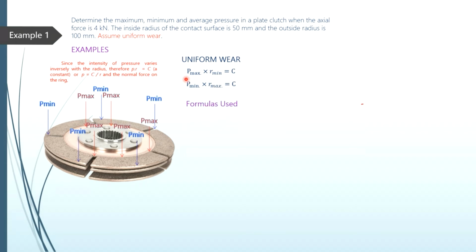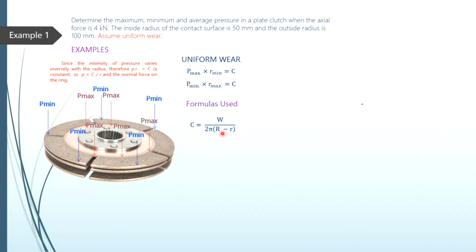Now, based on the question, I have listed down the formulas to be used. First is the formula we use to find the constant C, where W here is the spring force, which is 4 kilonewton or 4,000 newton.